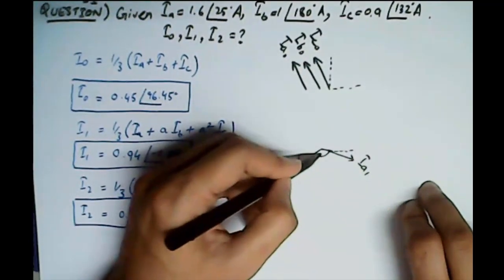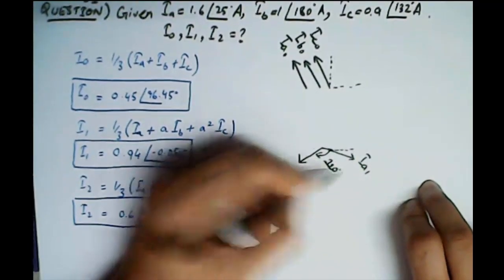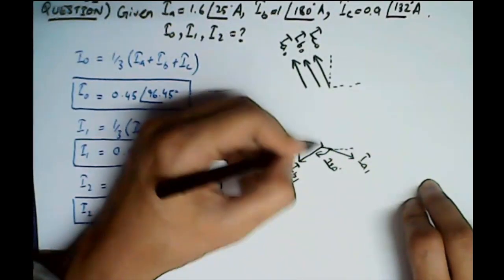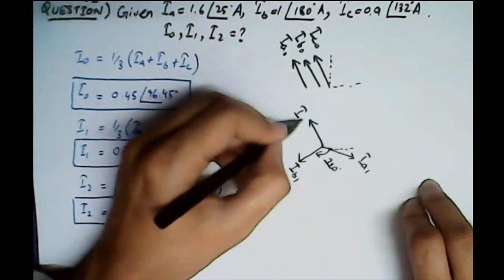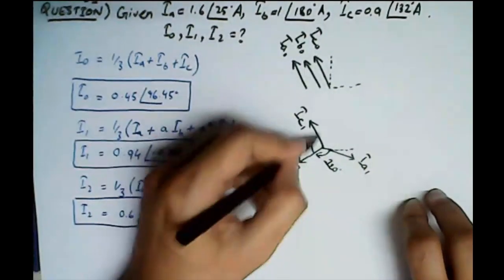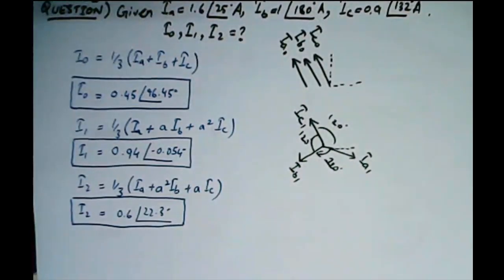So we have gone minus 120, where minus shows clockwise. This is IB1 and this will be somewhat IC1. Again this is 120 and 120.